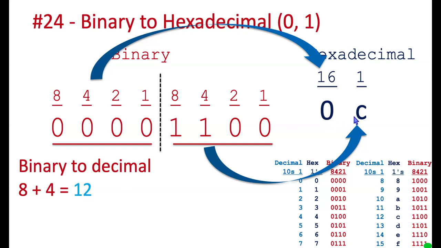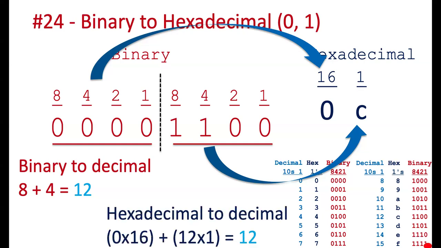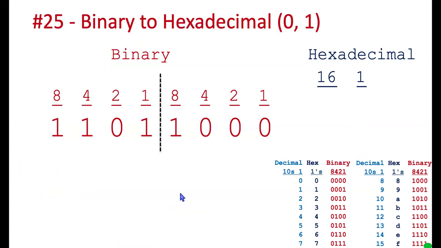Well, 0C, C is 12, or 0 16s and 12 ones. But really what I want you to see is this: all you need to do is capture each 4 bits and find the hex representation of it. That's the most important part here.